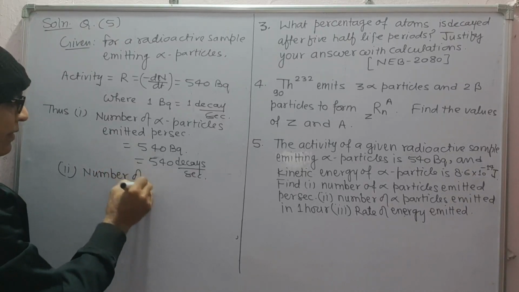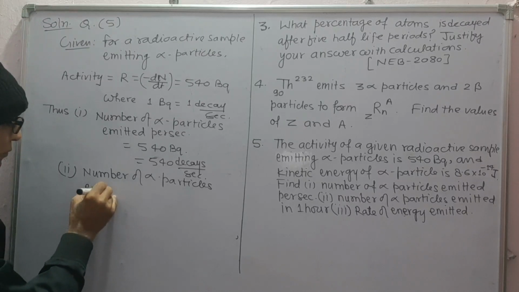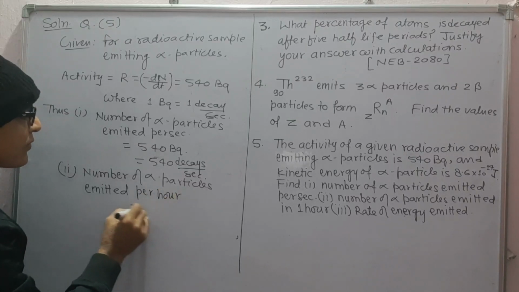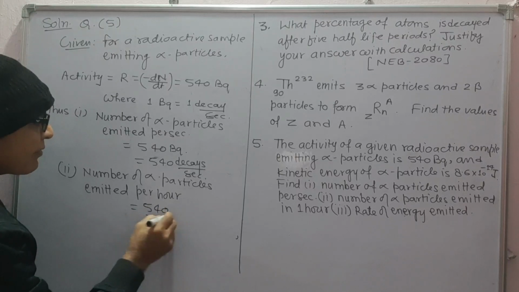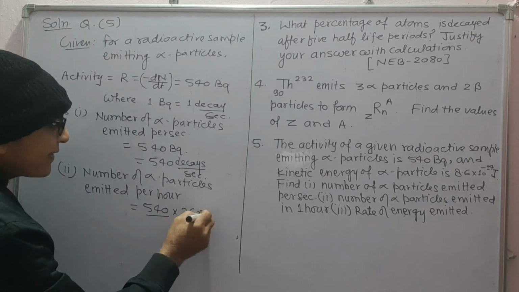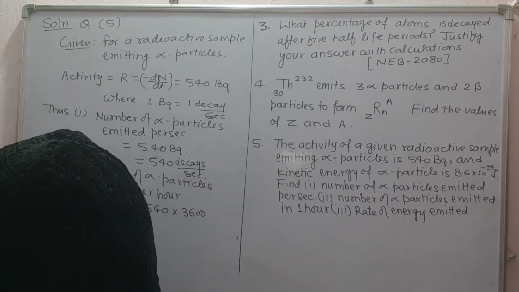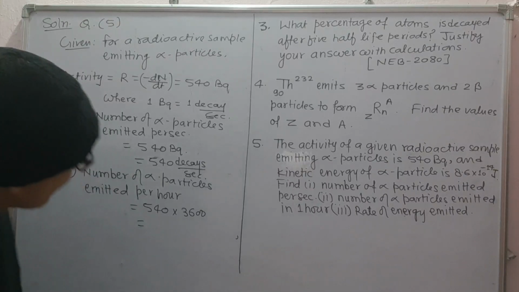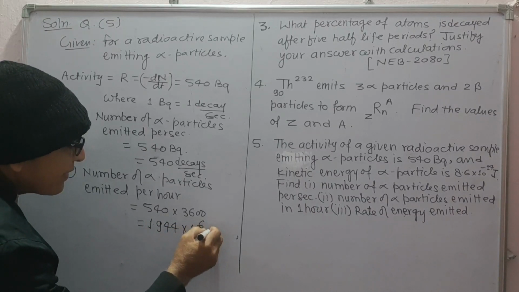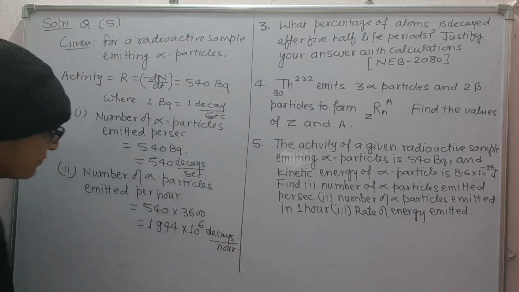Number of alpha particles emitted per hour will be equal to 540 into 3600, which will be equal to 1.944 into 10 to power 6 decays per hour.